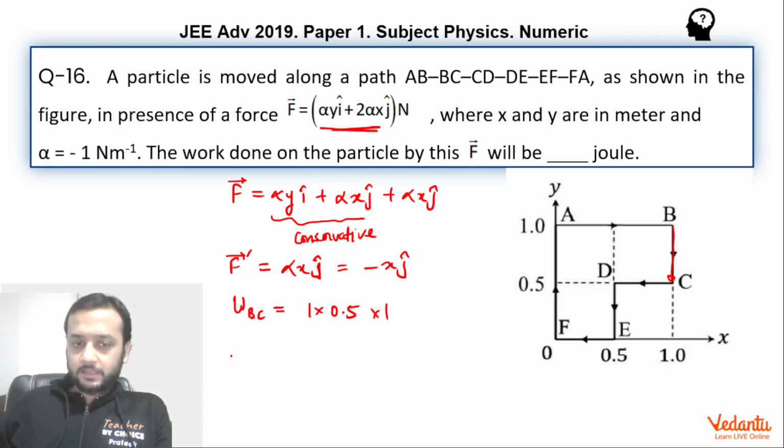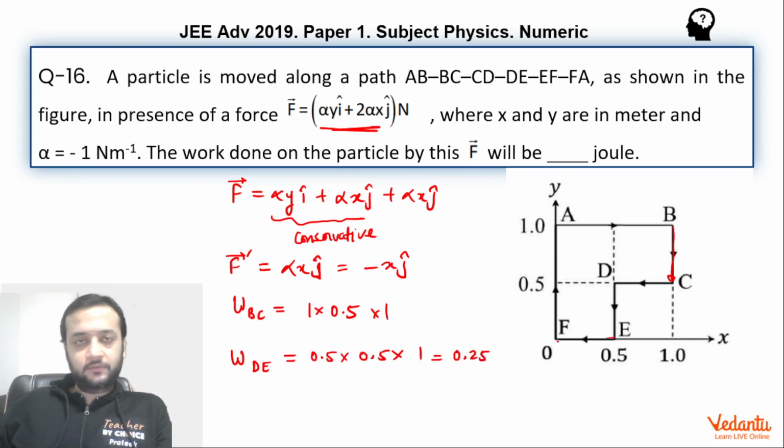On the path DE, force has a magnitude of 0.5 because x has a value of 0.5 on this path. Displacement is 0.5 and both are pointing downward. So we write force 0.5, displacement 0.5, and cos 0 is 1. So this will become 0.25.